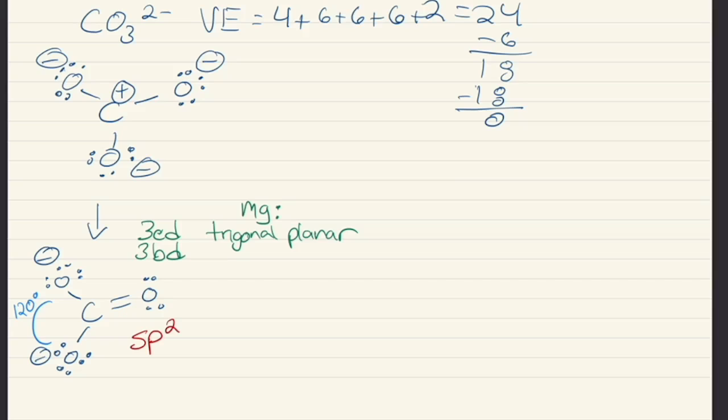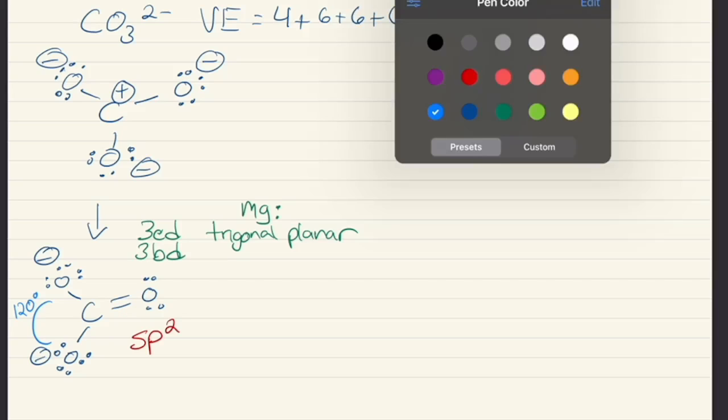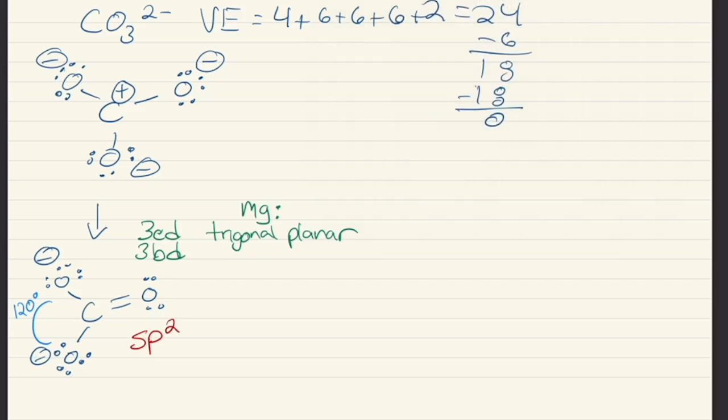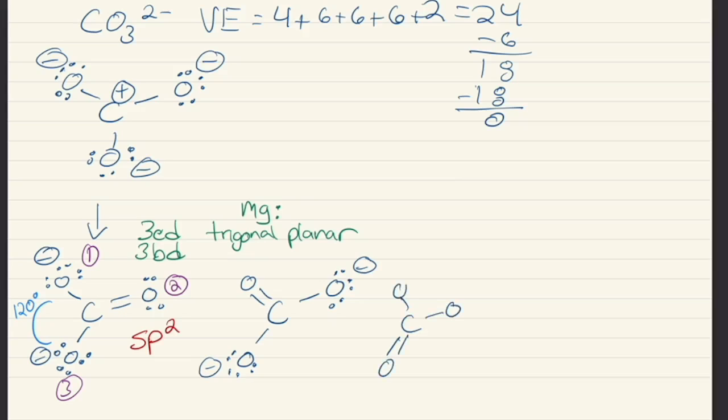And now let's talk about resonance, okay? If we labeled each of these oxygens as 1, 2, and 3, there are technically 3 different Lewis structures that could be drawn where the double bond exists on 3 different oxygens at any given time, which would leave us with 3 different Lewis structures, okay?